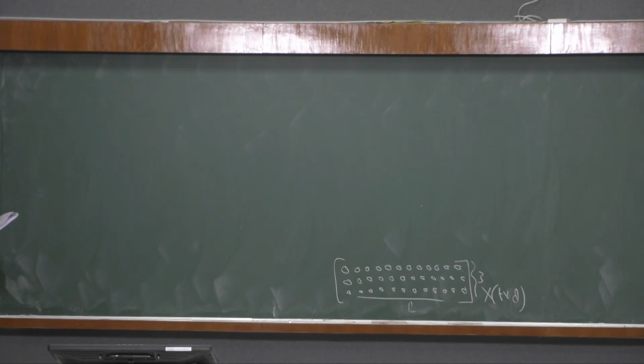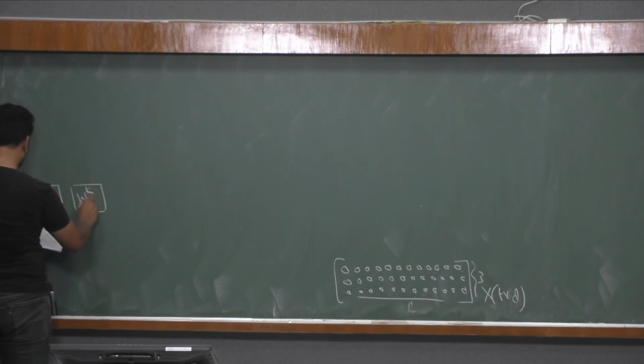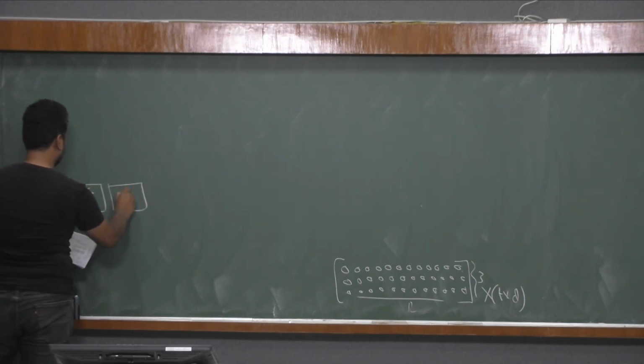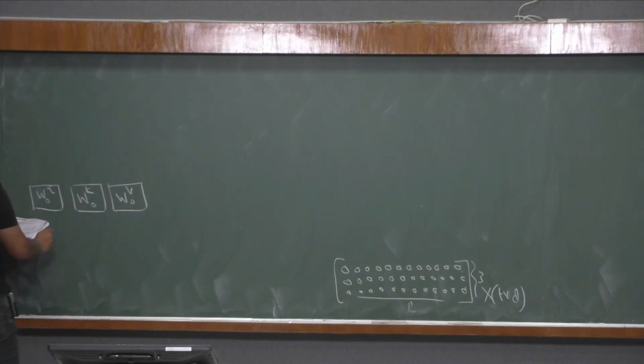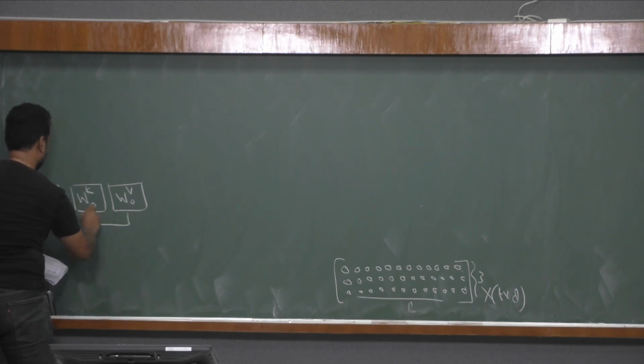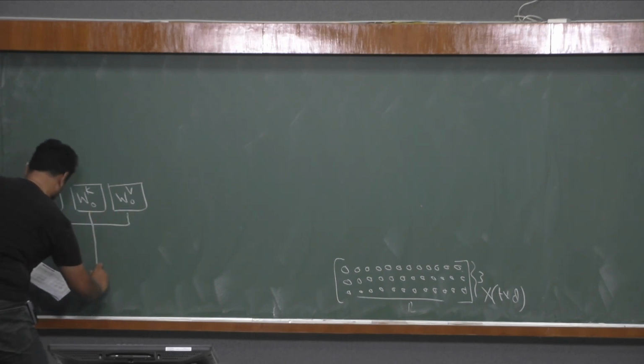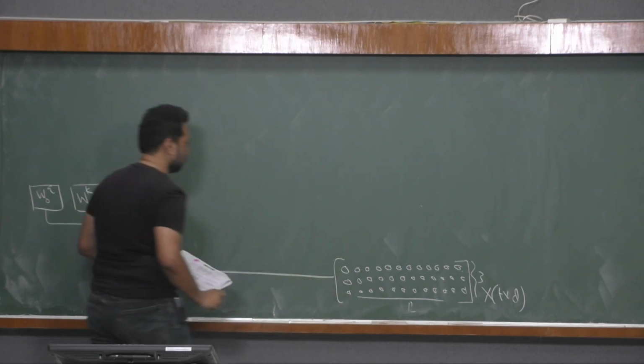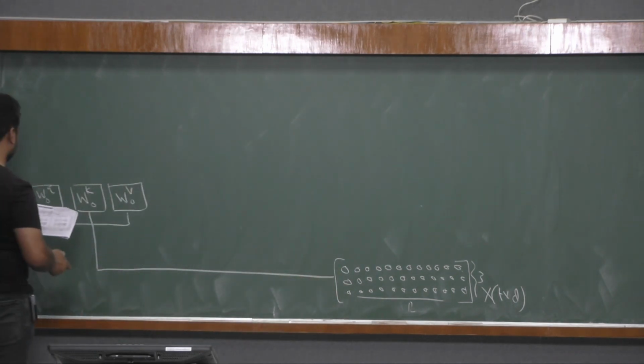Now let us look at the multiple heads that we have. I can draw the heads: this is W_Q0, W_K0 and W_V0, and all of these take input from here.